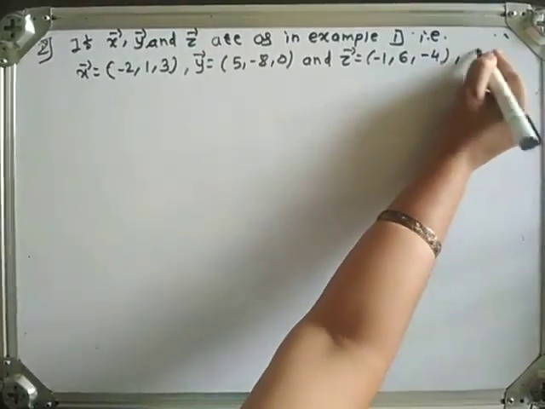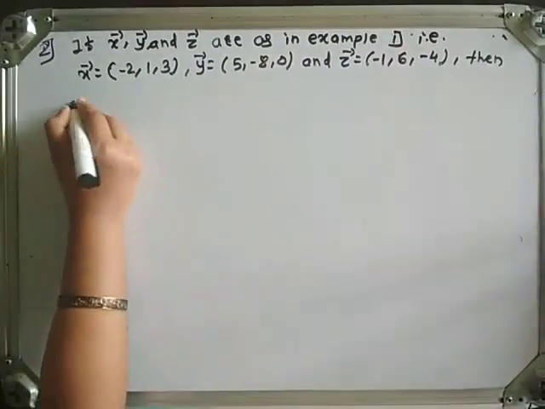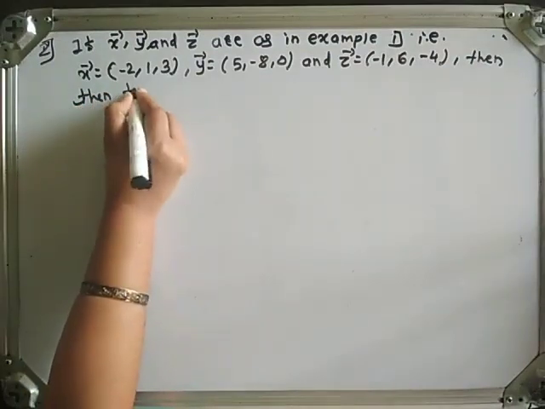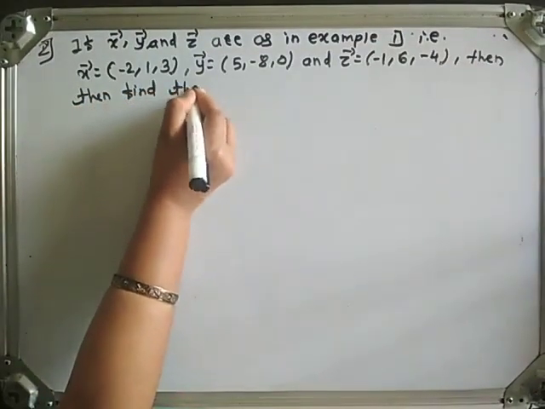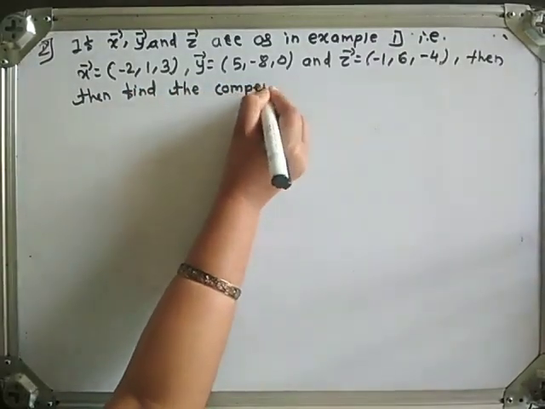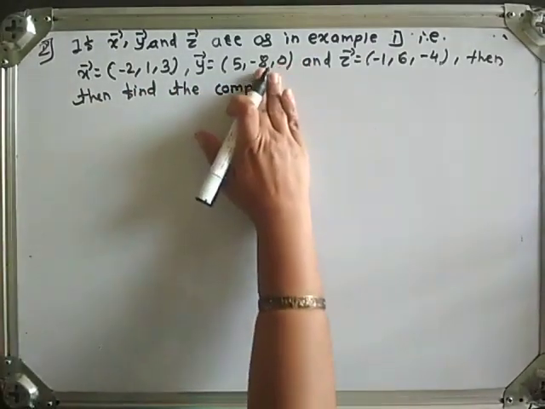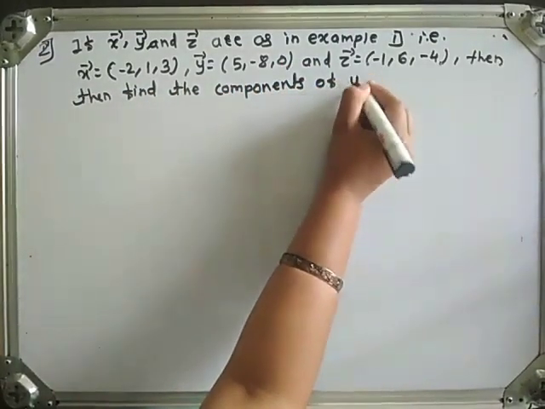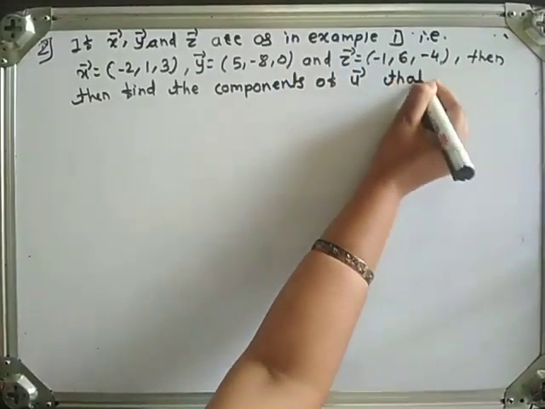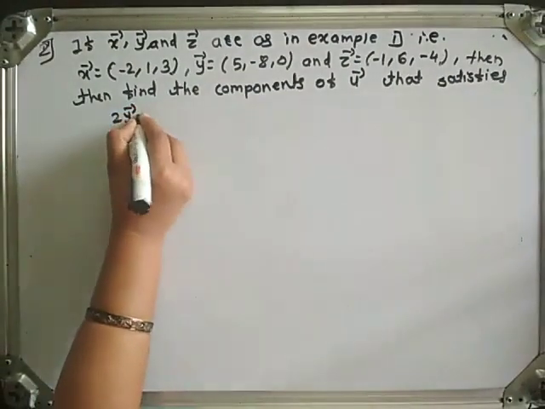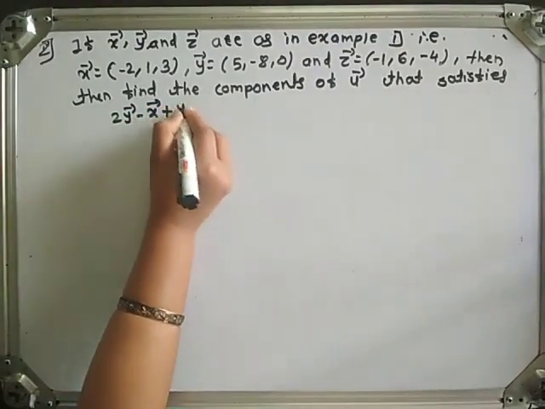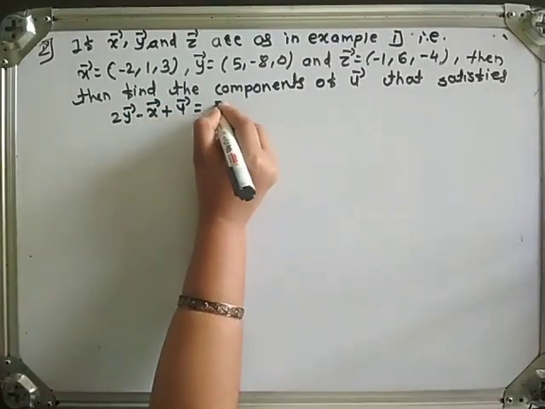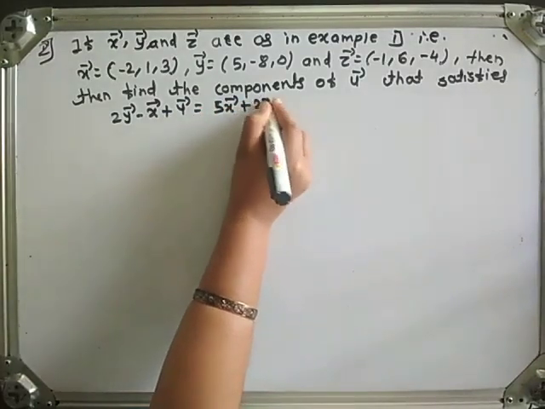Then find the components of u bar that satisfies 2y bar minus x bar plus u bar is equal to 5x bar plus 2z bar.